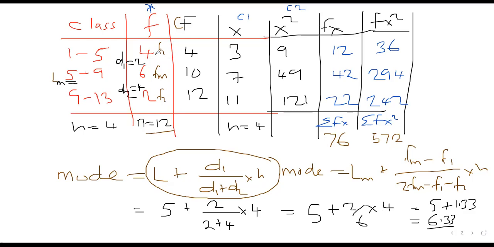I repeat, the highest value here is 6. The distance above is D1. The distance below is D2. Where there's a 6, we identify the lower bound, which is our 5. So to calculate the mode, we go to the Lm, which is a 5. Distance above, 6 to 4, that is 2. 6 to 2, that is 4. So 2 plus 4.